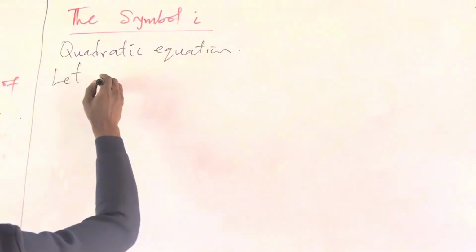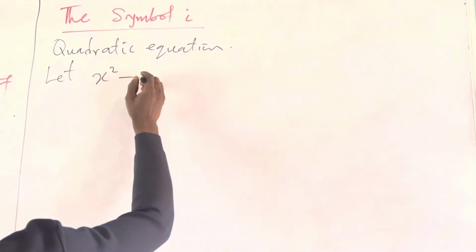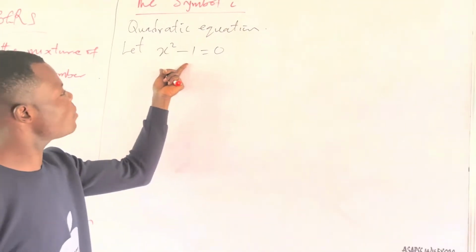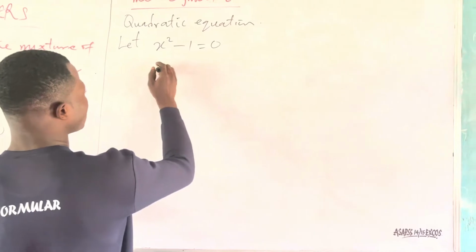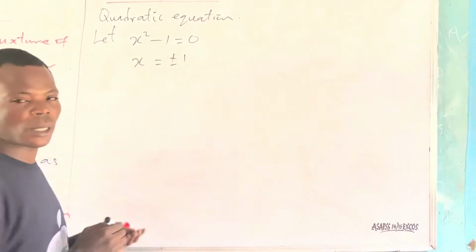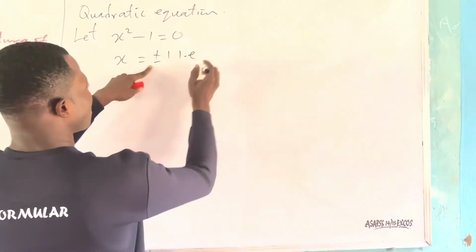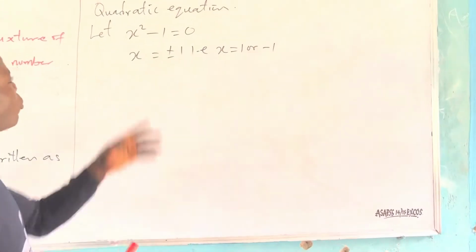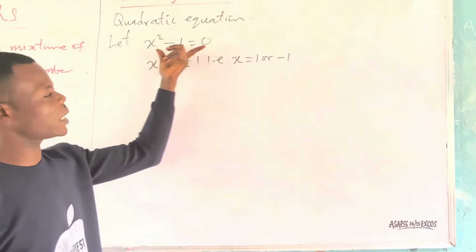Let's say you have x squared minus 1 equal to 0. And you agree with me that if we solve for x here, we are going to get x equal to plus or minus 1. That is, x is equal to 1 or minus 1.